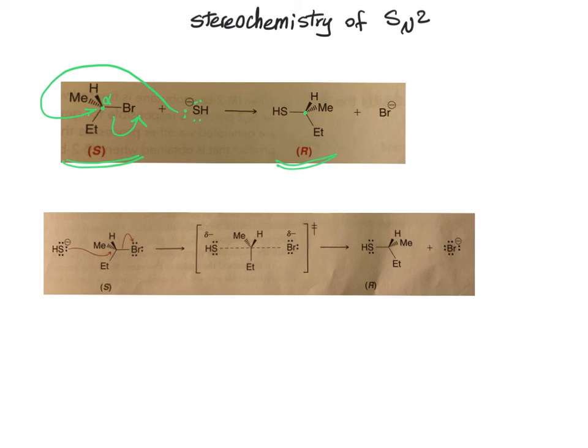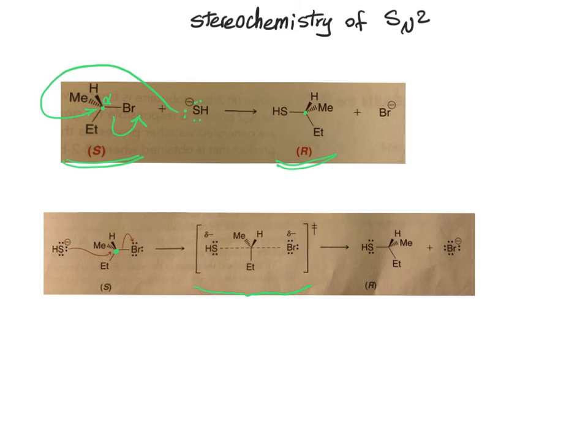Here you can see the mechanism of the reaction. So sulfur will attack the alpha carbon, and the bond between the alpha carbon and bromine starts to break, and this is the transition state.